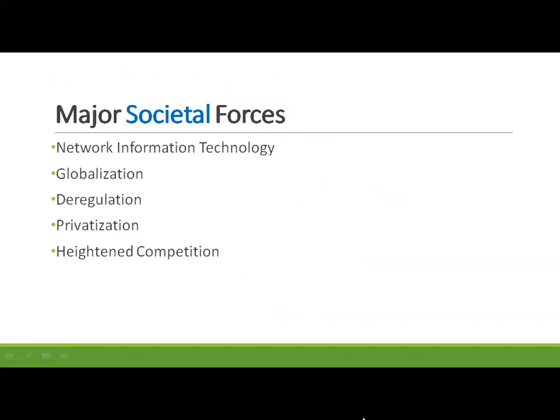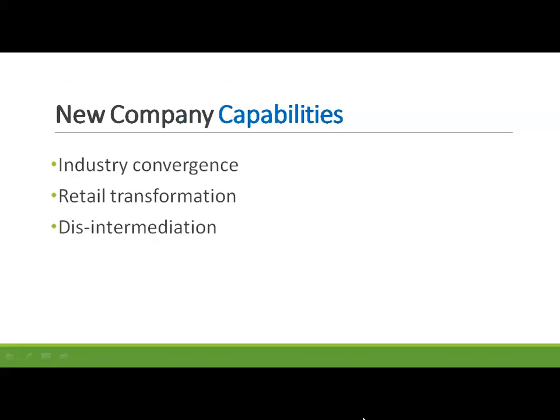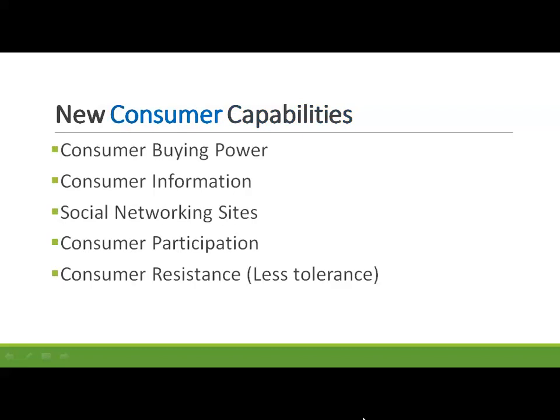Now we will talk about some major societal forces. These major societal forces include information technology, globalization, consumer participation, and increased competition. The new company capabilities are industry convergence, retail transformation and disintermediation.